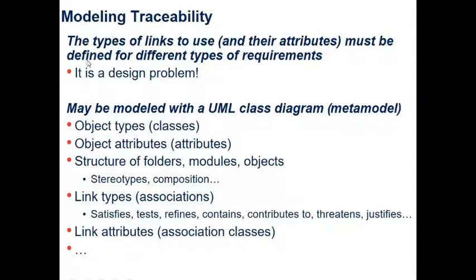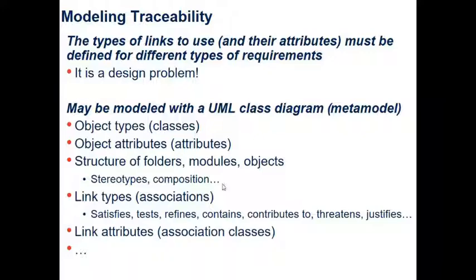Now, modeling the traceability. The types of links to use and their attributes must be defined for different types of requirements. It is a design problem. It may be modeled with a UML class diagram, so that makes it a meta model, right? Because the traceability model itself is trying to describe, or it's storing information about the requirements.